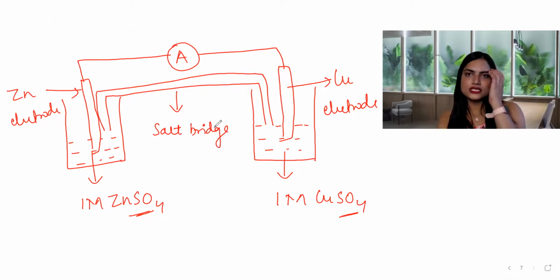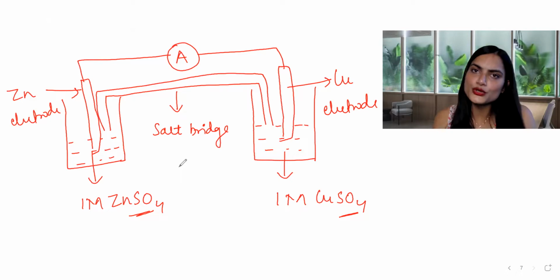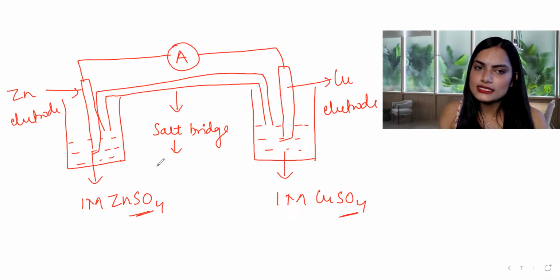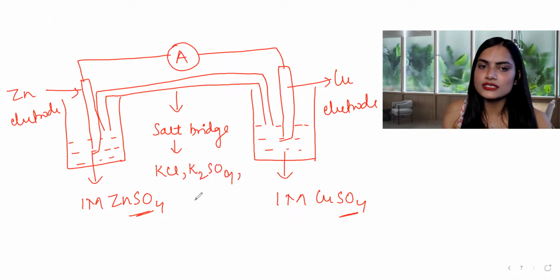Now, what is a salt bridge? A salt bridge is an inverted U-tube which contains a semi-solid solution of inert electrolytes such as KCl, K2SO4, ammonium nitrate, NH4NO3. A semi-solid solution of such electrolytes.